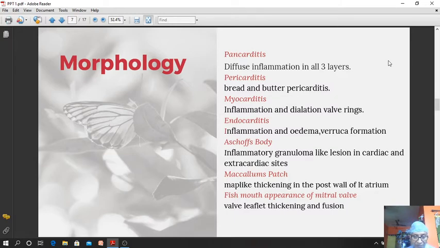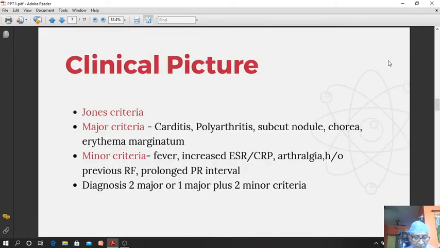Next, clinical picture. We have major criteria and minor criteria. In major criteria, we have carditis, polyarthritis, subcutaneous nodule, chorea, erythema marginatum.